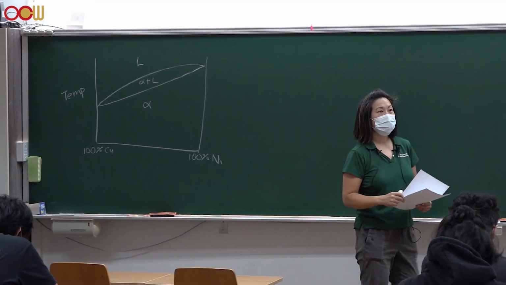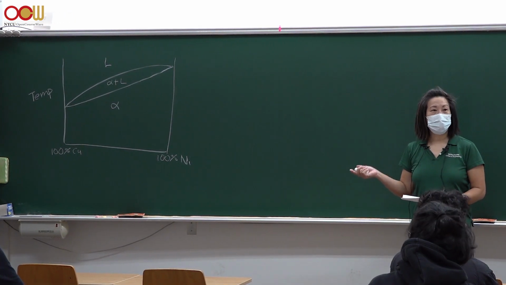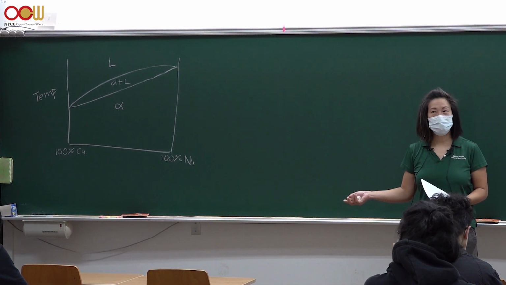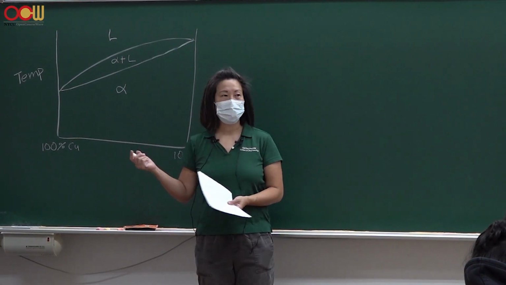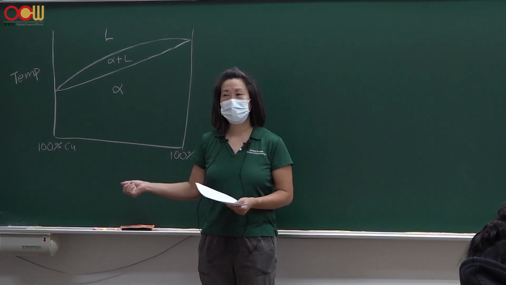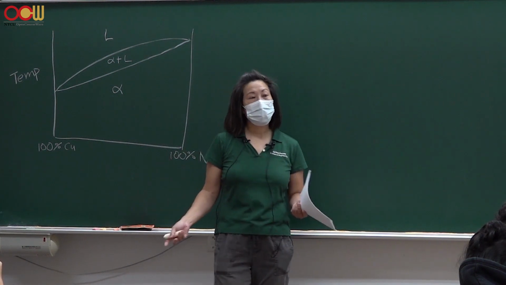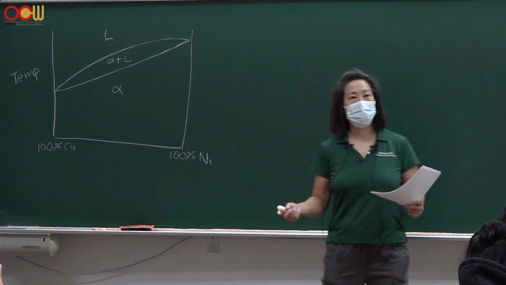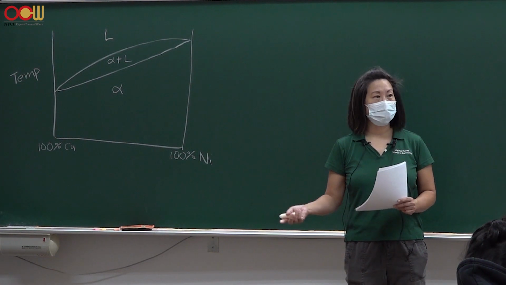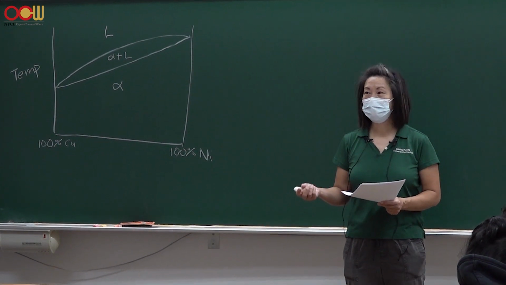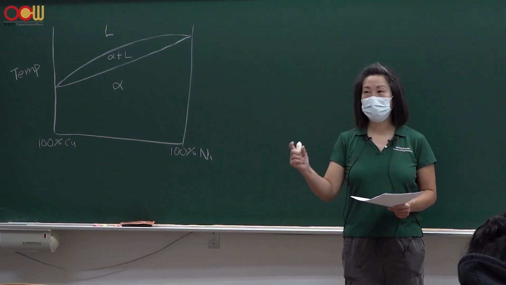So we talked about the phase diagram that had two components, nickel and copper, and that you can have two different phases. You can have a liquid phase or a solid phase. This is a very rare situation where nickel and copper are completely soluble in each other because they have very similar sizes in terms of their atomic mass, but also in terms of their atom size.